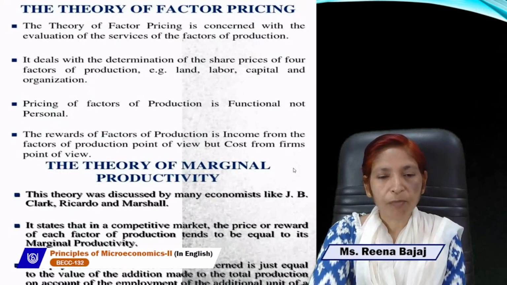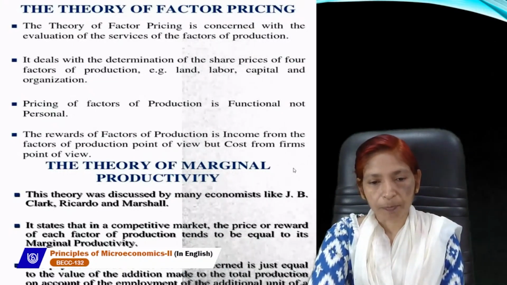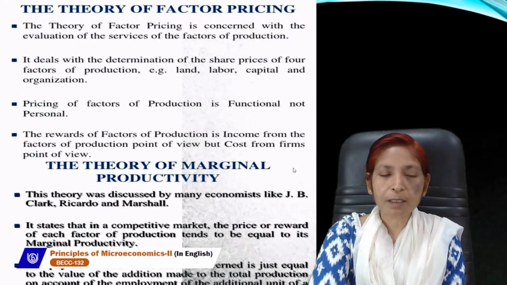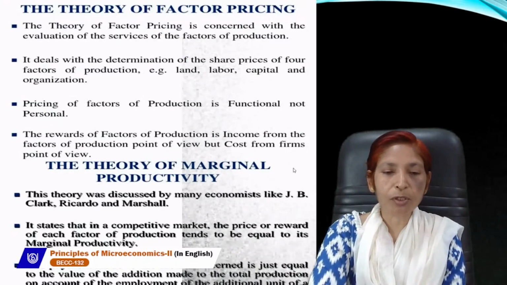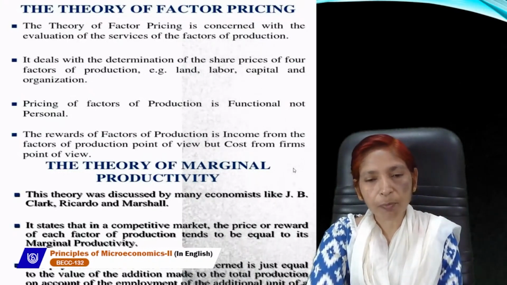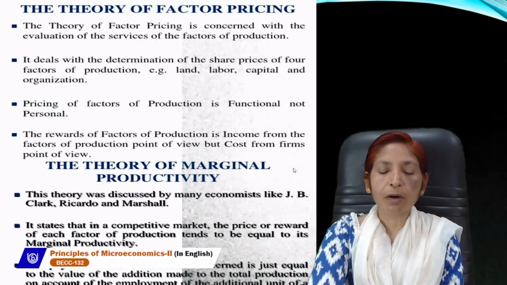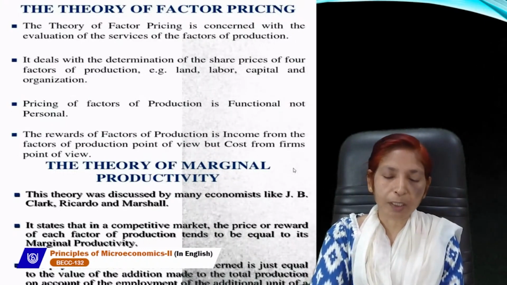The way presented by J.B. Clark is that we should first of all calculate marginal productivity, and then we can get the contribution of each factor in marginal productivity, and we must pay the reward of each factor of production according to their contribution in marginal productivity.